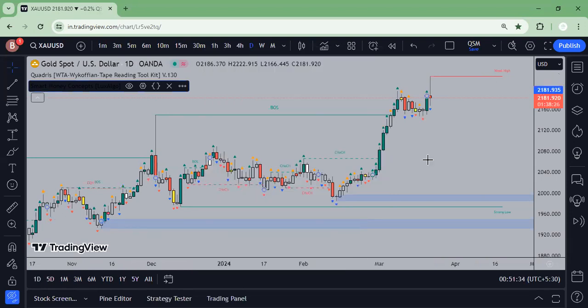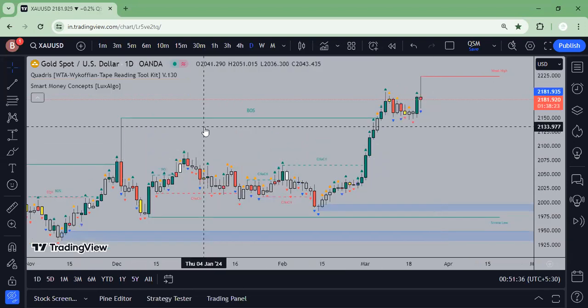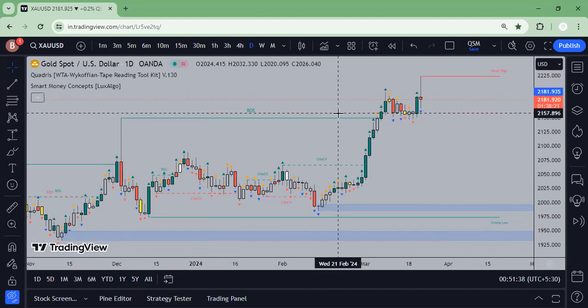Okay, let it be as it is. The reason for taking Lux Algo, as I told you earlier, is that I am a programmer, a coder of PineScript. I find his work up to the mark, and he's very good at doing complex coding and bringing complex code to the table.